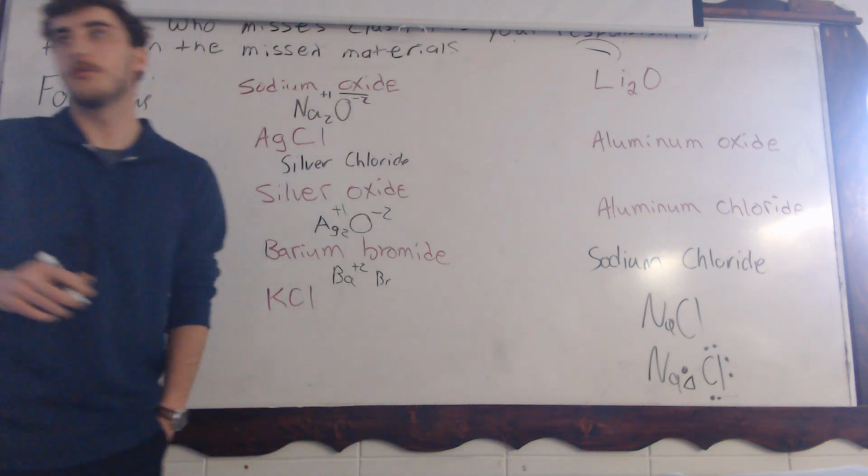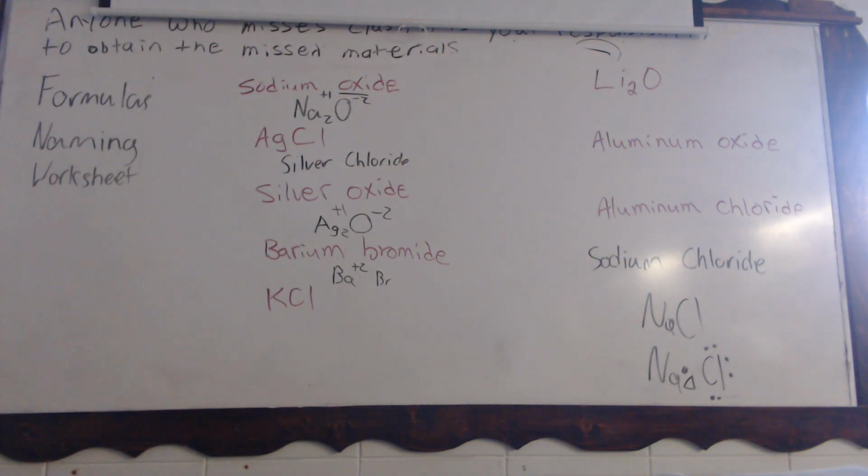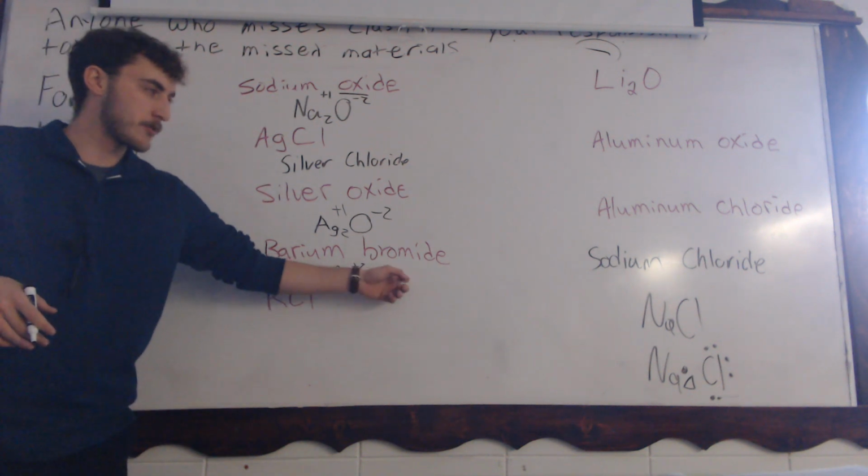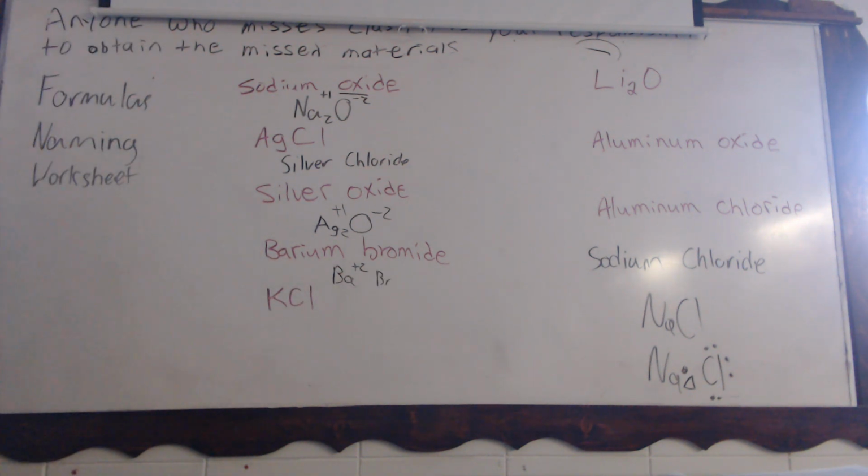Is it the top right corner or top left corner? It's right. They have a bunch of charges for bromine, but because it's a halogen, it's going to be negative 1 for our purposes. Because it's in the 7th column, it's going to be negative 1.